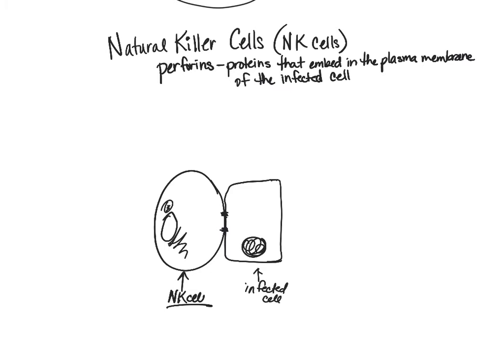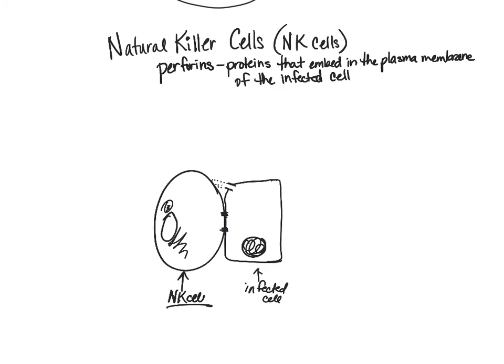So our natural killer cell here is going to release these perforins. I'll do it up here. So it's going to go pew, pew, shoot these little perforins out. And what it does is it embeds these little proteins inside of the plasma membrane of our infected cell. What this does then is it actually creates a hole in the cell. So in here, it creates a hole, or a pore, as it's called. So these perforins go in here. They actually shoot several of them.